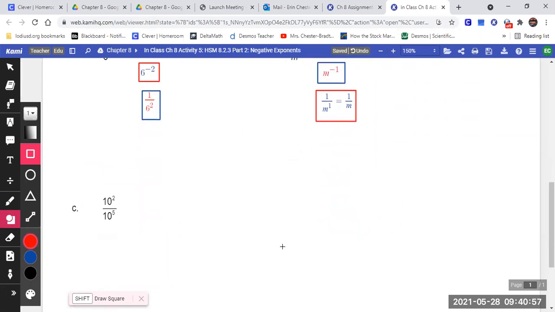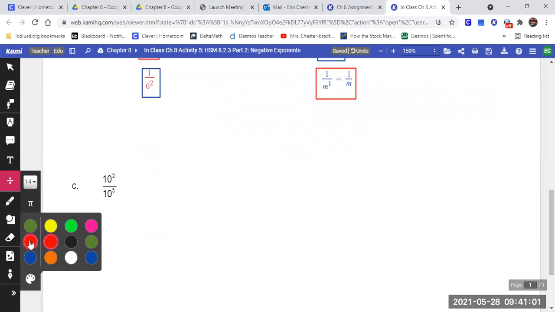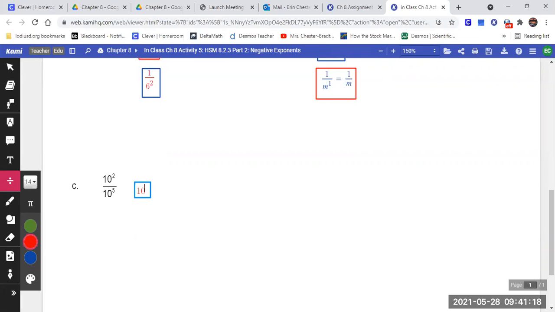Okay, last one, and then we get to start our assignment. So what are we going to say? What's our first step? Going to say 10 to the what? I need the whole exponent.